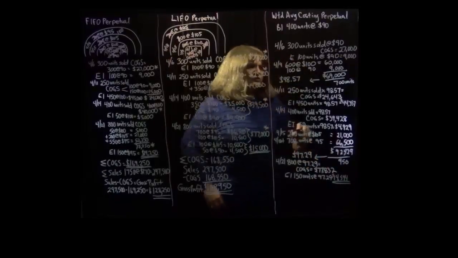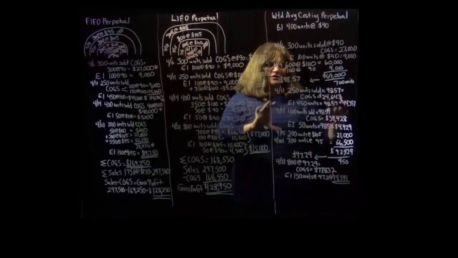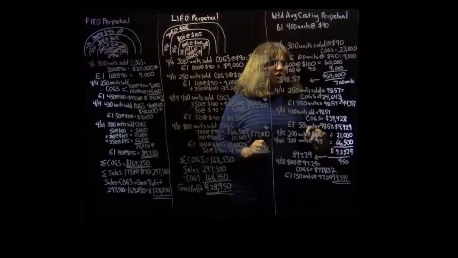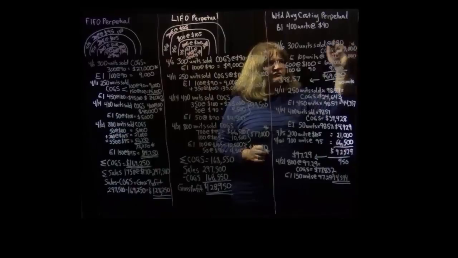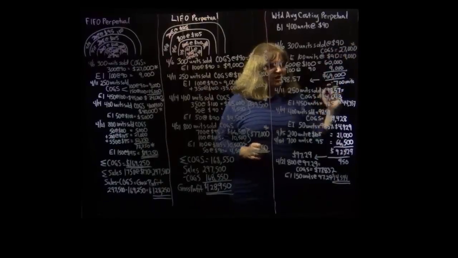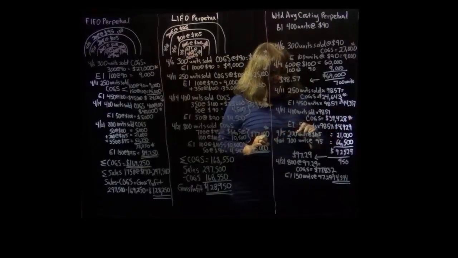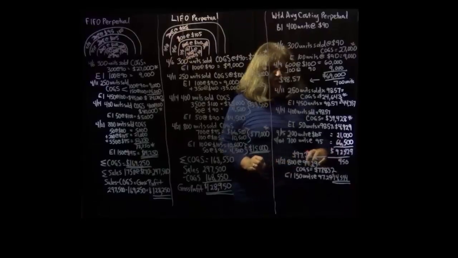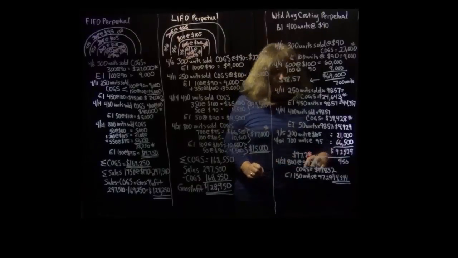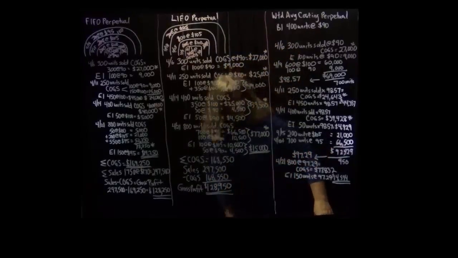To get cost of goods sold, again, we have to add up the individual sale cost of goods sold amounts. So we're going to add the $27,000 from the April 6th sale plus the $24,643 from the April 11th sale plus the $39,428 from the April 14th sale plus the $77,832 from the April 21st sale.